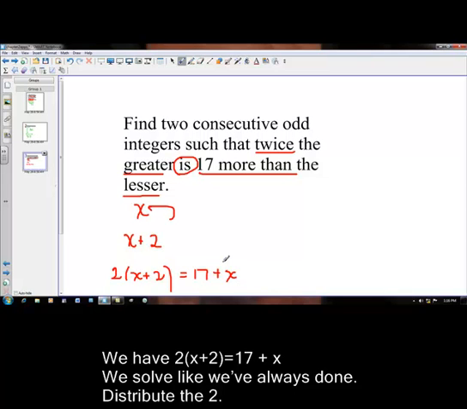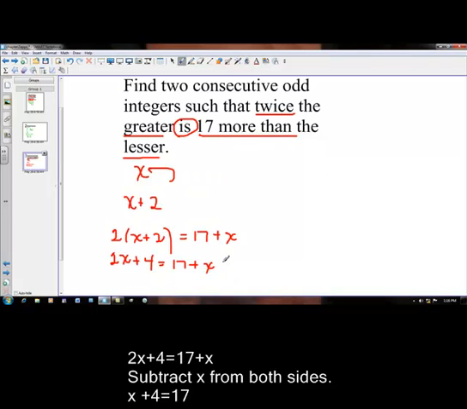Now we simply solve like we've always done. Distribute the 2, so we would have 2x plus 4 equals 17 plus x. Subtract the x from both sides, and we would actually have x plus 4 equals 17.